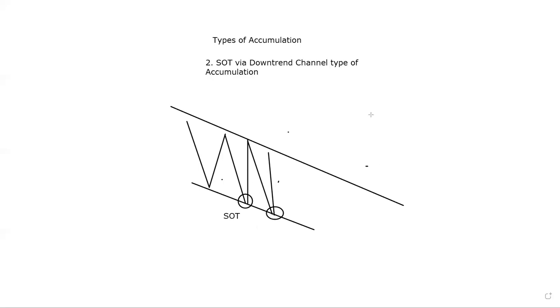Now there can be different types of SOT. Number one type of SOT, as I told you, is this one, simple SOT. Then we have rounding pattern SOT.